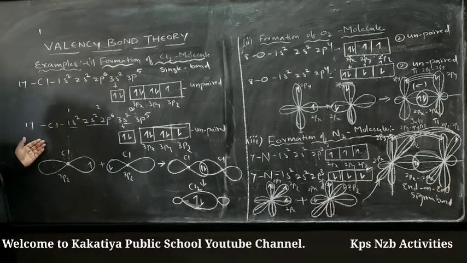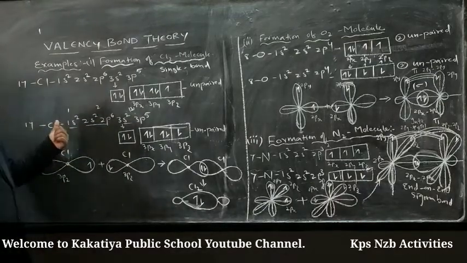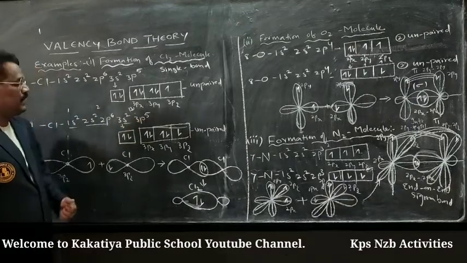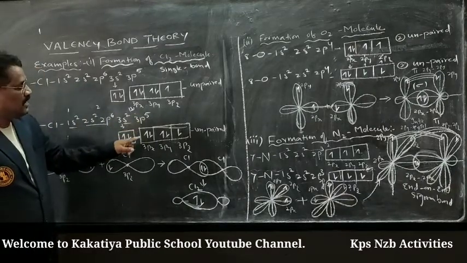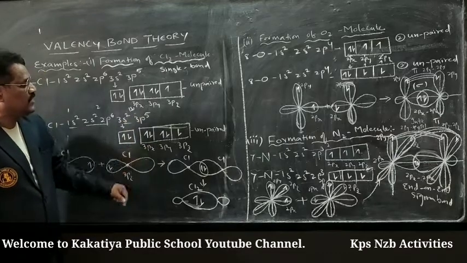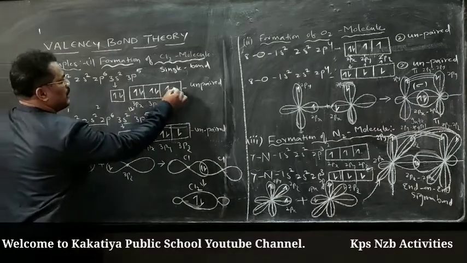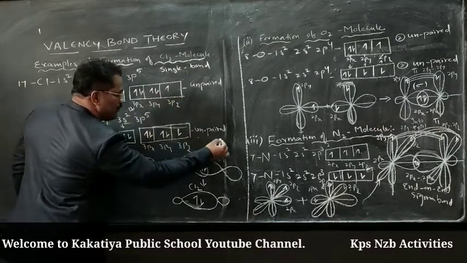Similarly, coming to one more chlorine atom, the electronic configuration is 1s2, 2s2, 2p6, 3s2, 3p5, with 3px, 3py, 3pz, in which one unpaired electron exists. Here one unpaired electron, and here one unpaired electron.